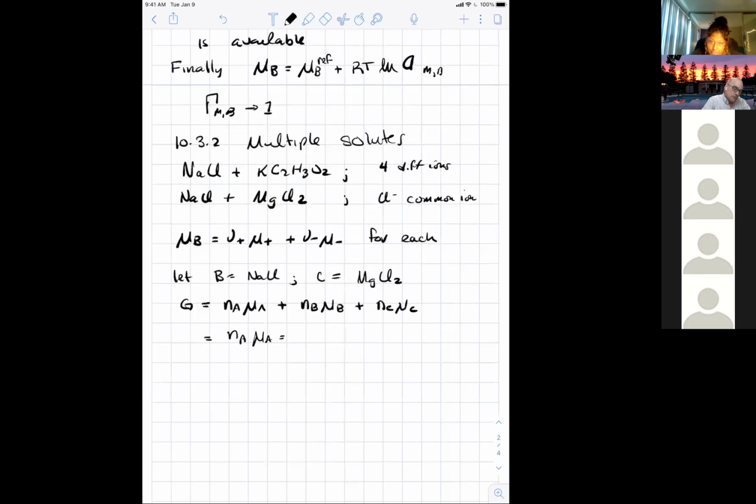And if we just write out what we have, NB times mu B of the sodium plus NB... and actually, this is not right. That label is not right.